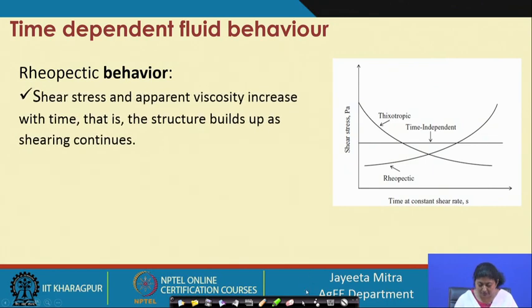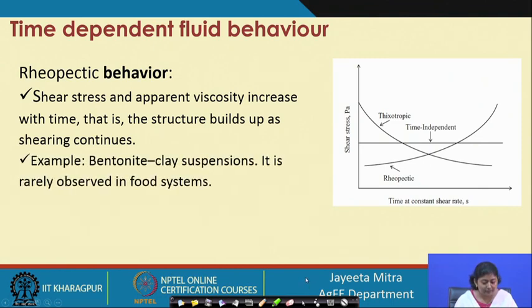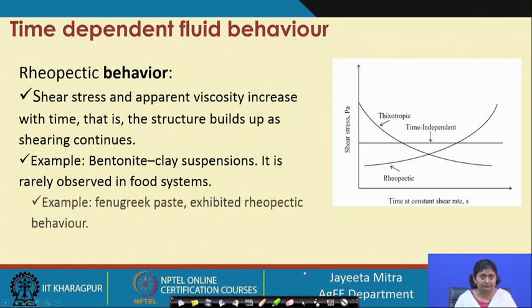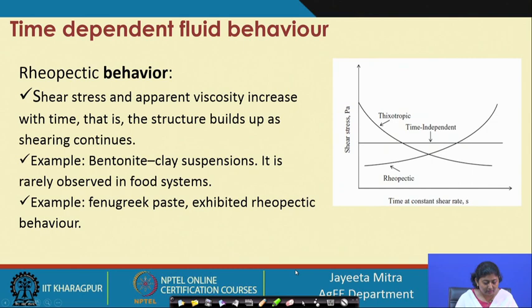Rheopectic behavior is just the reverse of thixotropy: the shear stress and apparent viscosity increase with time, that is, the structure builds up as the shearing continues. For example, bentonite clay suspension. It is rarely observed in food systems. An example is fenugreek paste, which exhibited rheopectic behavior.